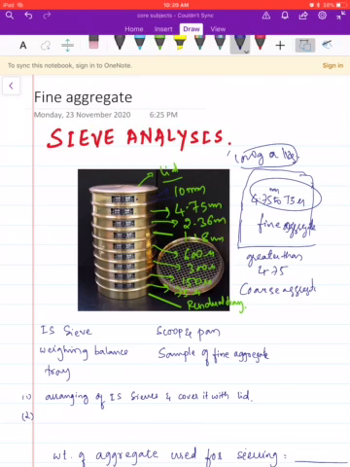Then we subject the IS sieve to shaking, either by using an automatic sieve shaker or manually, we have to shake this entire setup so that the soil particles pass through one another.